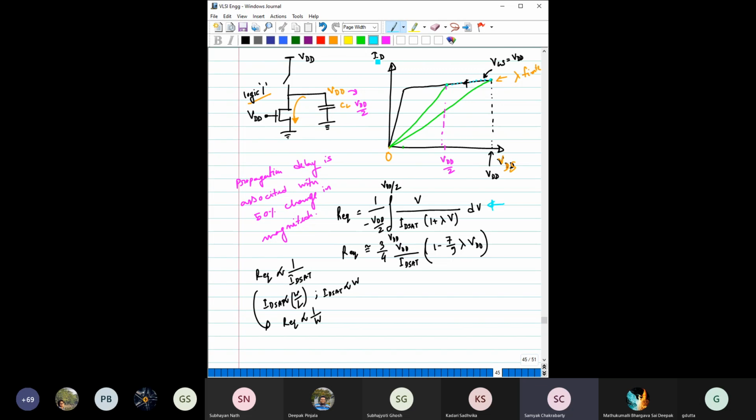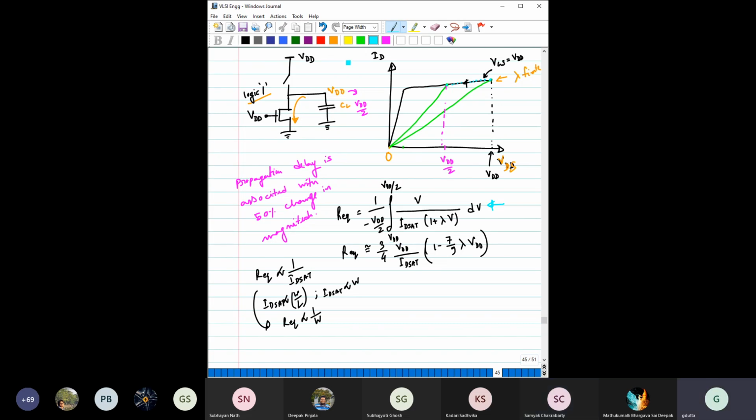If you are taking the derivative, it would be at a particular point only. Won't it be the same for the whole saturation part?